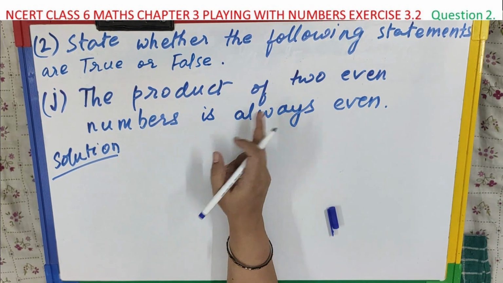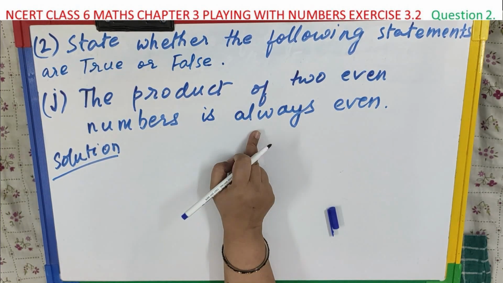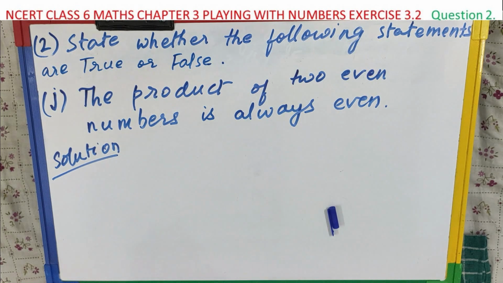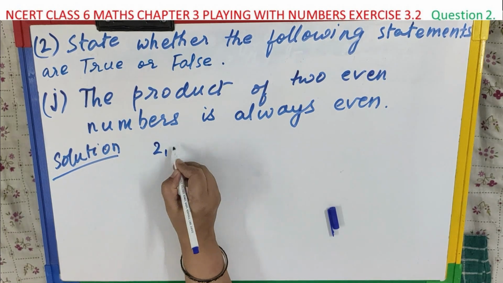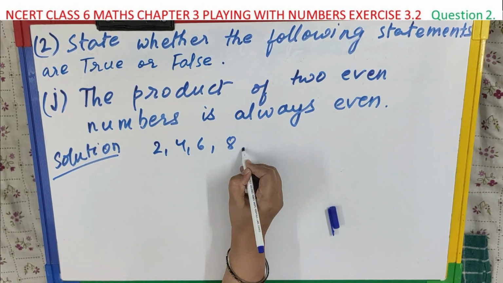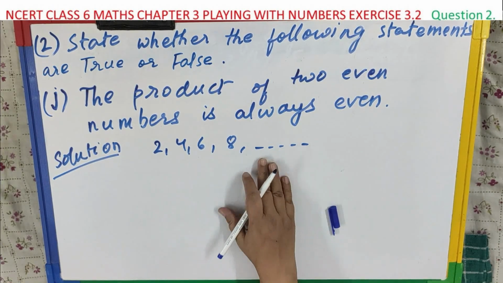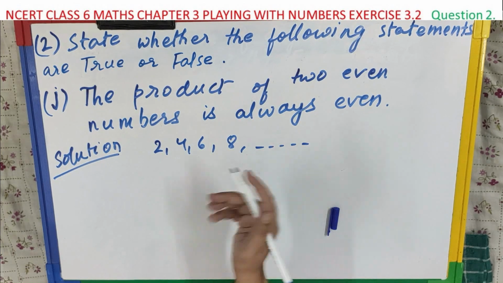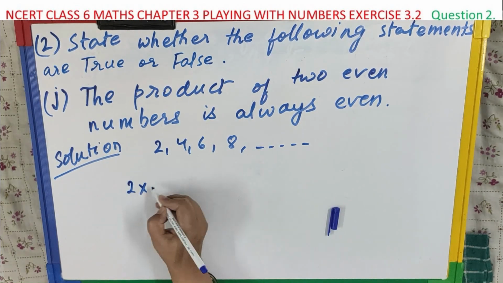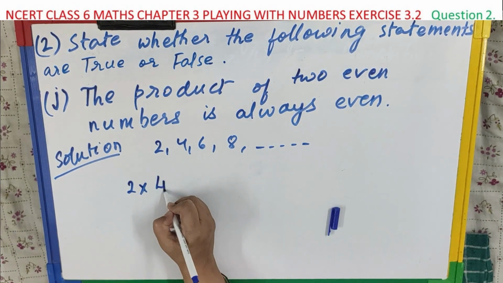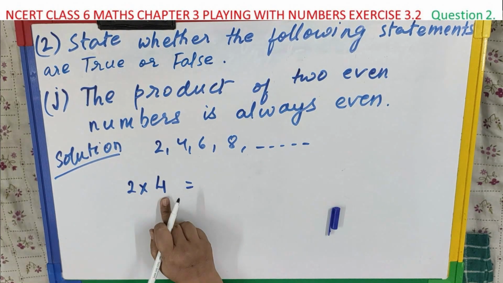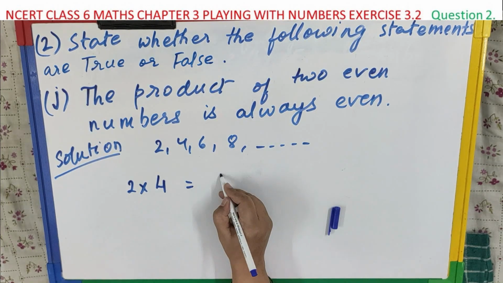The product of two even numbers is always even. So what are even numbers? 2, 4, 6, 8 and so on are all even numbers. So for the product of two even numbers, let us take any two even numbers and find their product. 2 fours are 8.